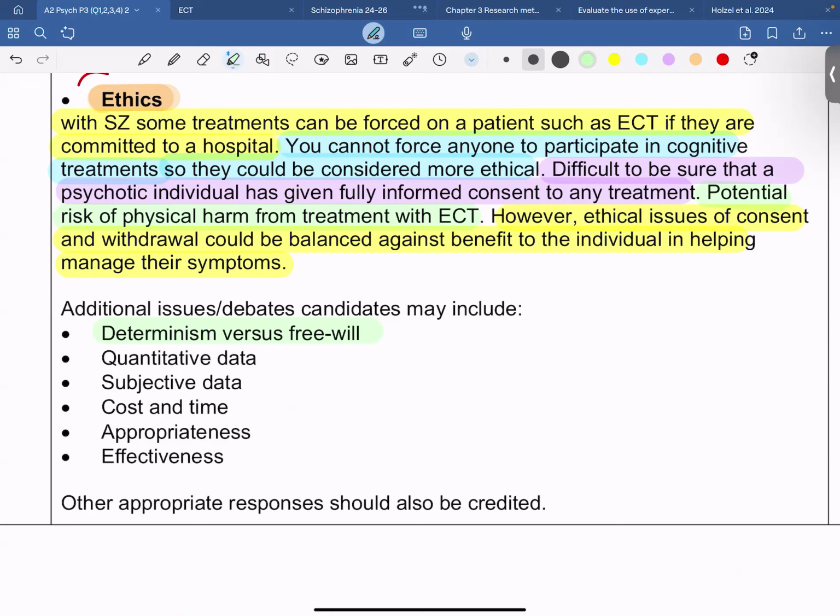So the patient, when you talk about ECT, plays a very passive role. However, on the other hand, you could choose to write otherwise as well.